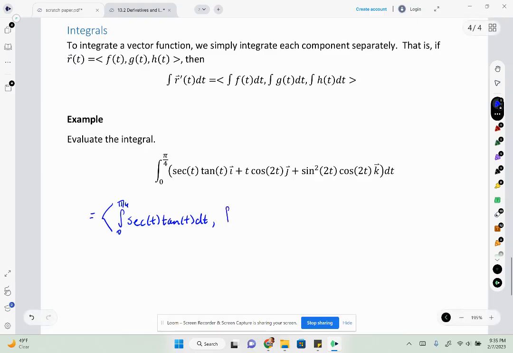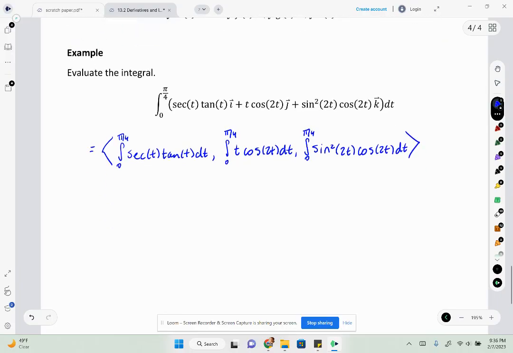Second component, integral 0 to pi fourths t cosine of 2t dt, comma. Last one, integral 0 to pi fourths sine squared of 2t cosine of 2t dt.